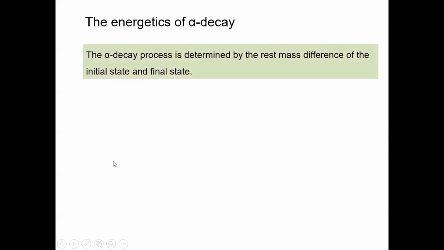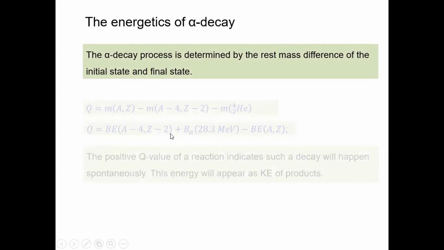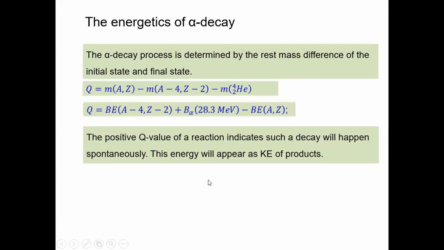When we look at the energetics of alpha decay, we see that this process is determined by the rest mass differences of the initial state and the final state.